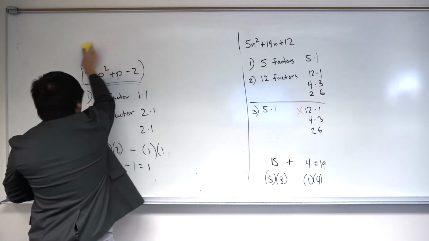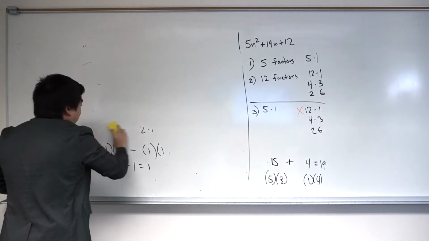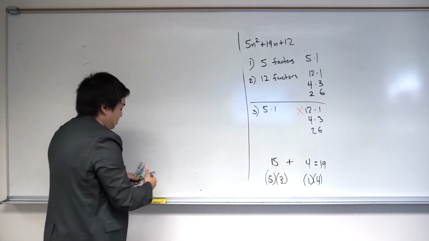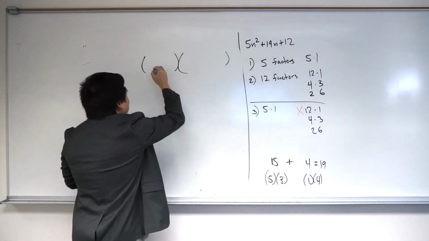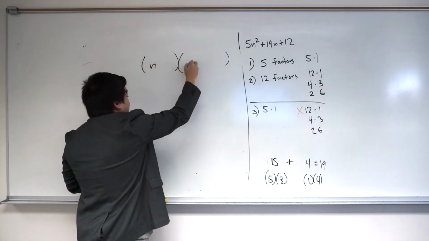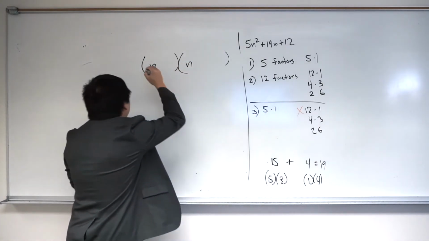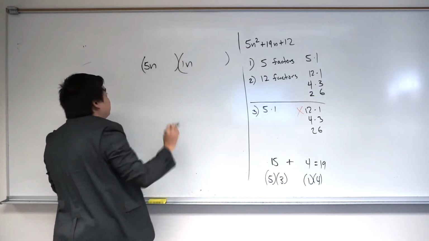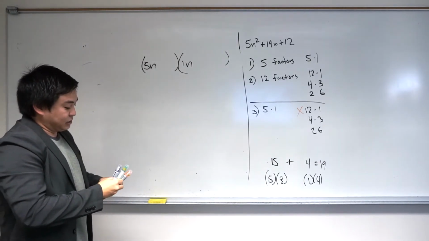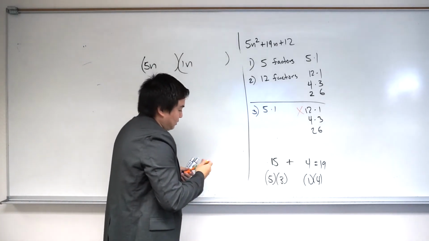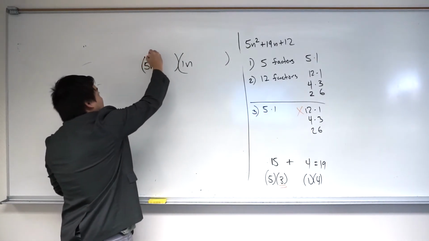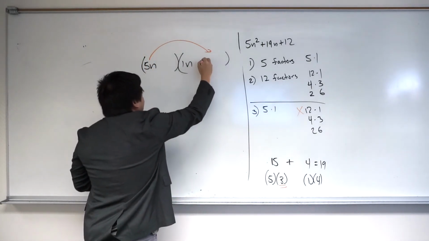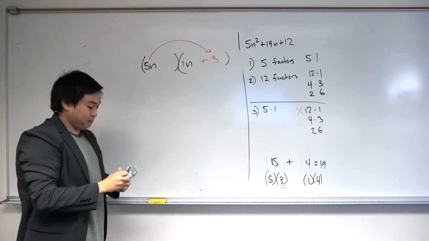So using those numbers, we can write out the factors, and again, 2 parentheses, variable, the 5 and the 1, so 5 and 1, and again, ask yourself the question: this 5 gets multiplied to that 3, so this 5 multiplied to that 3.